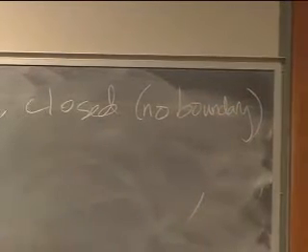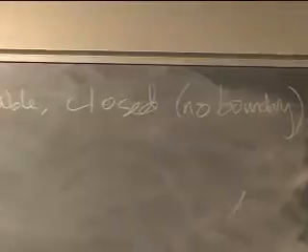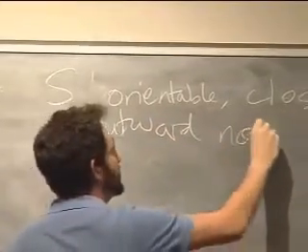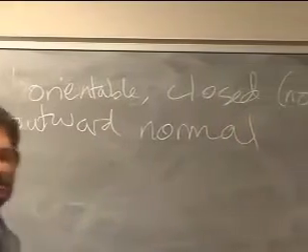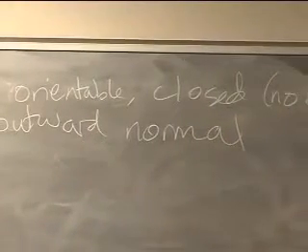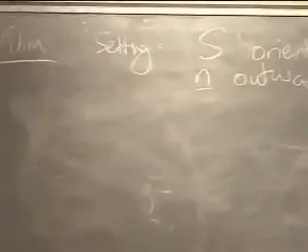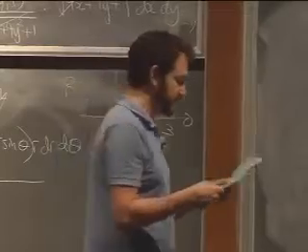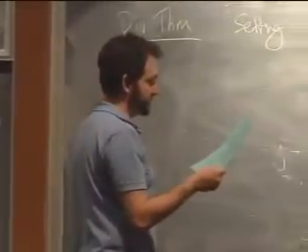All right? And it's the outward normal. So now there's no ambiguity. It's got an inside and an outside. It's like a sphere, or some lumpy version thereof. It's got an outside and an inside, so there is N. And again, S should be piecewise smooth. It doesn't have to be smooth everywhere. It can have panels that are smooth.